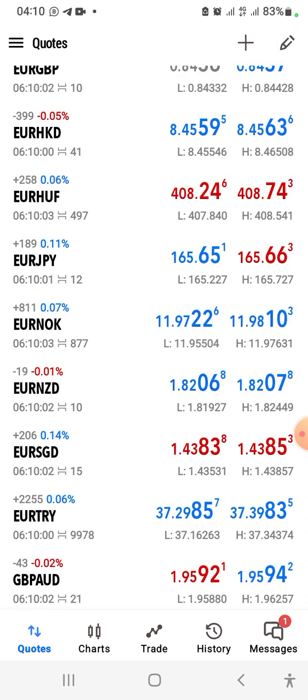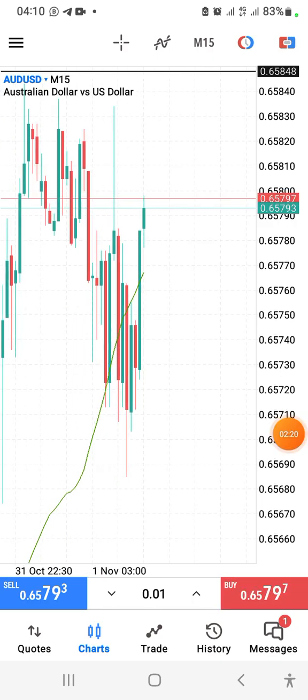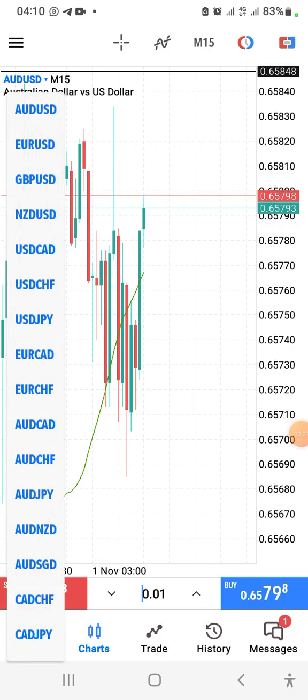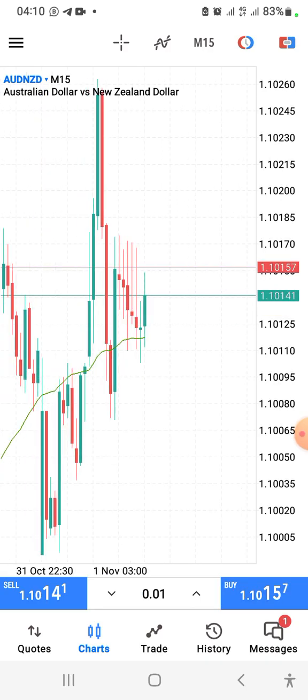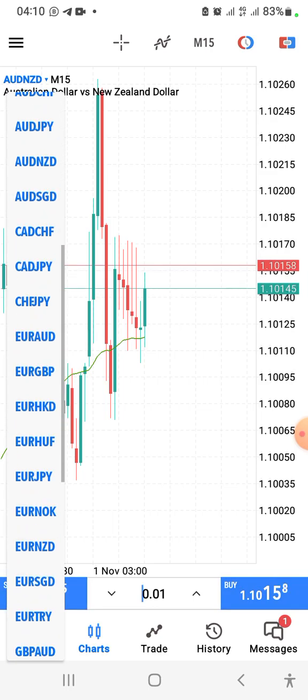And apart from that, we also look at the volatility, the price movement, the way the candlesticks move. Like this pair now, you look at this price movement, the way it moves goes a long way in affecting your trade.